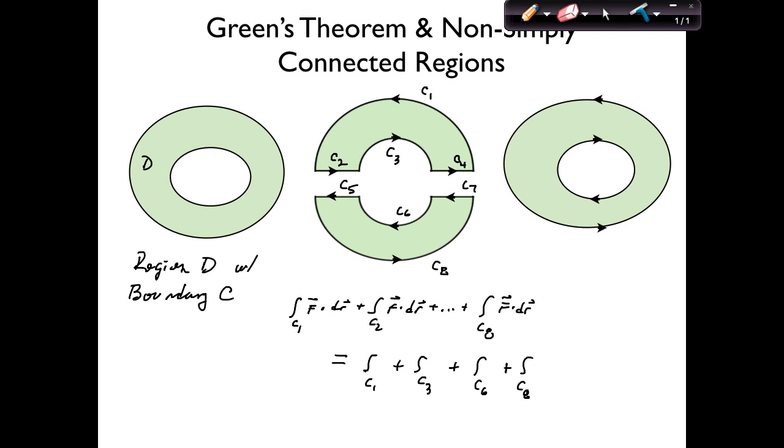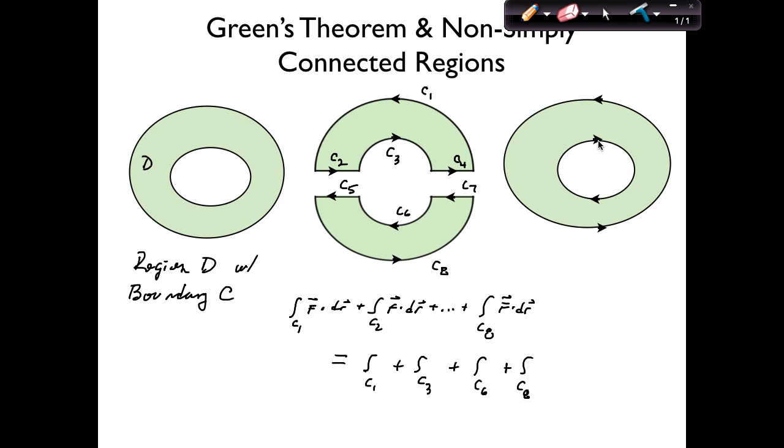And then C3 plus C6 means do a clockwise loop. And is that still our positive orientation going clockwise? How is that still a positive orientation for that inside loop? You see that the region is to the left?